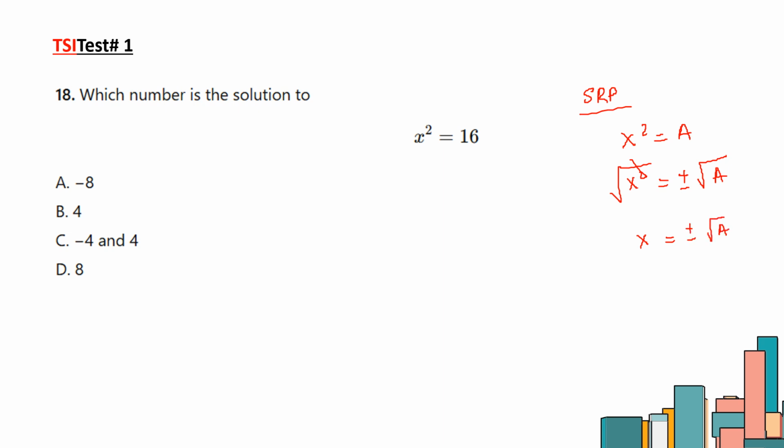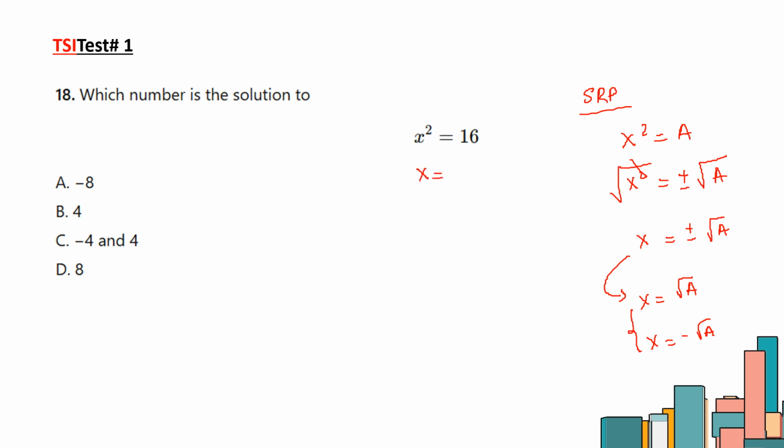So this means you have two solutions. x equals the square root of a, the positive, and x equals negative square root of a. You will have two answers. This one we do the same.